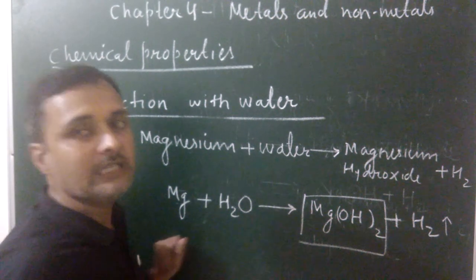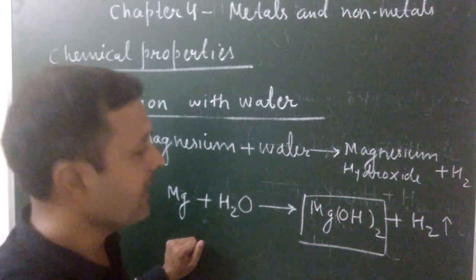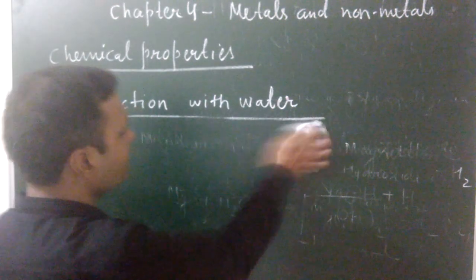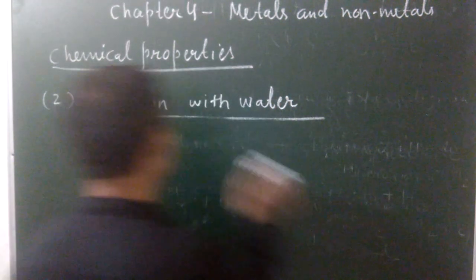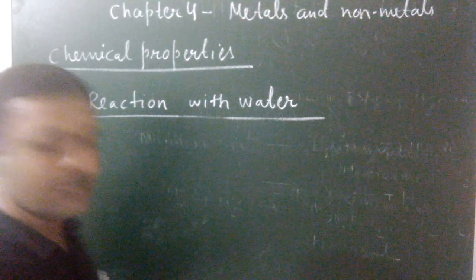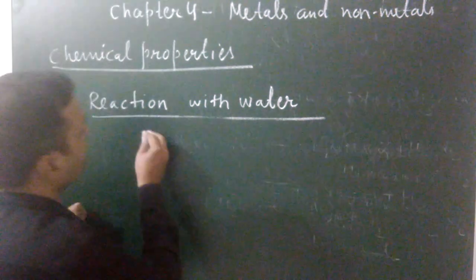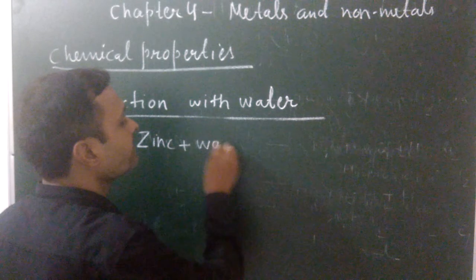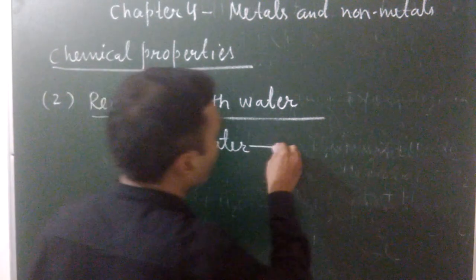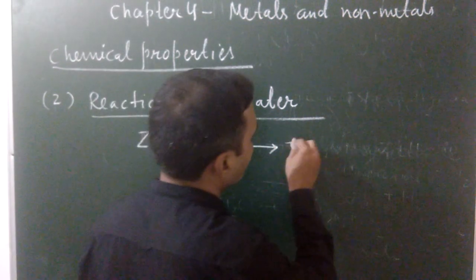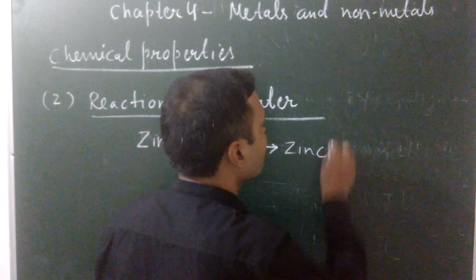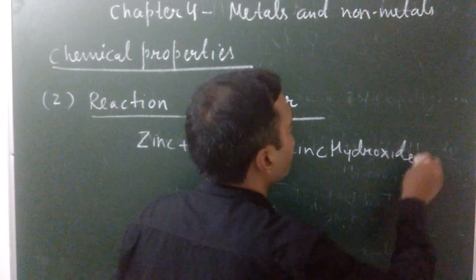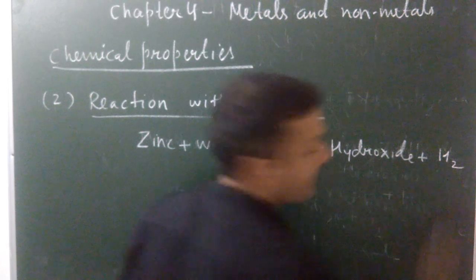Now come to the third chemical reaction, the reaction of zinc with water. What is the symbol of zinc? Zn. So I will first write it in words: zinc plus water gives the metal hydroxide, zinc hydroxide, plus hydrogen gas.